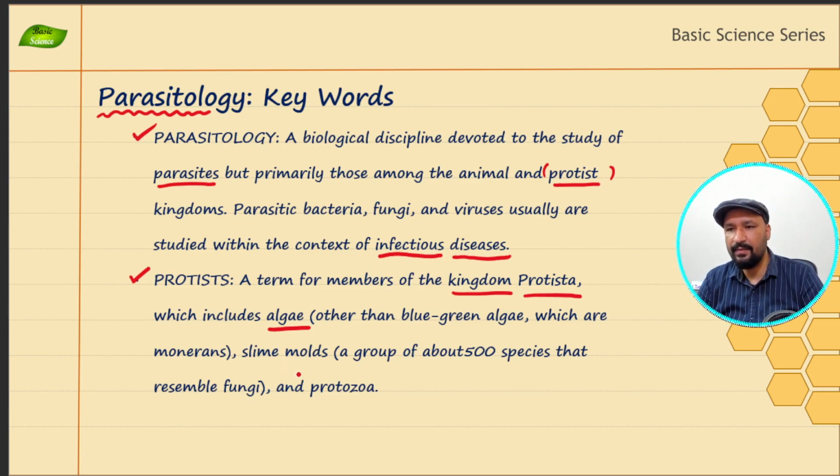And then you have some other organisms. As you can see, there are some members in that particular group which are capable of causing harm to various hosts, including humans, animals, plants even. So to study these parasites, we have a discipline called parasitology.